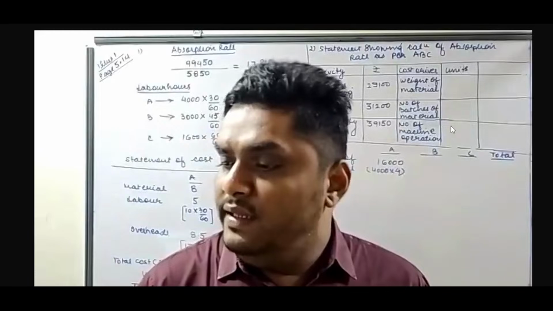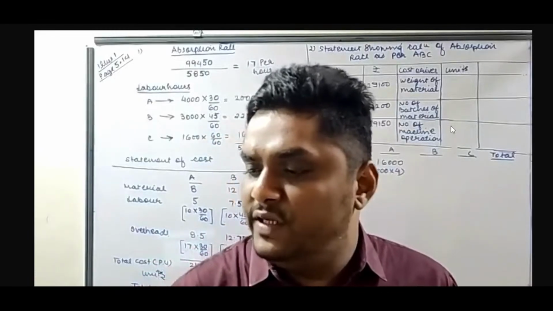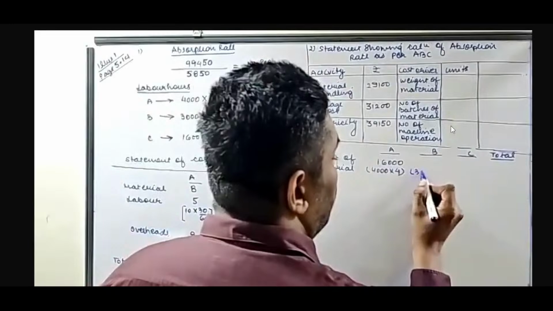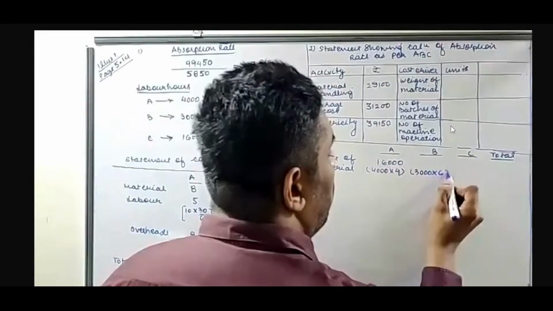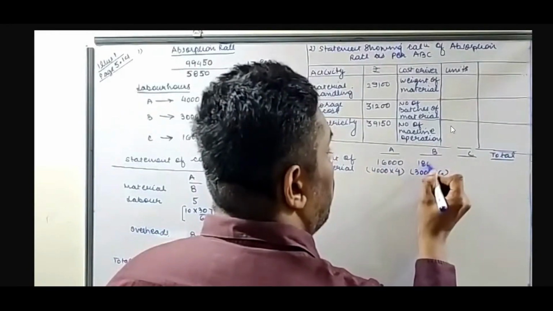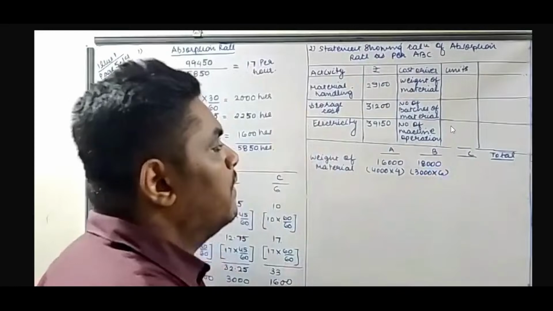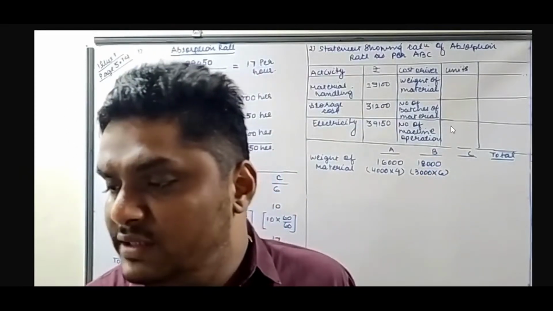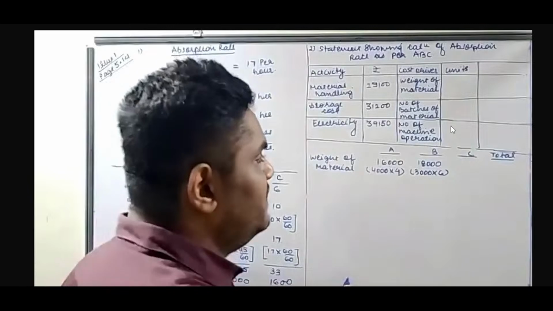For product B, there are 3,000 units manufactured and every unit requires 6 kg. For product C, total 1,600 units are manufactured and every unit requires 3 kgs.